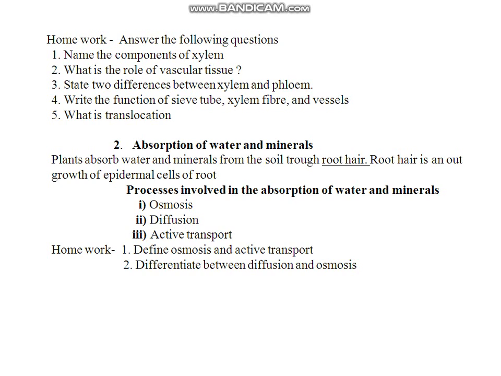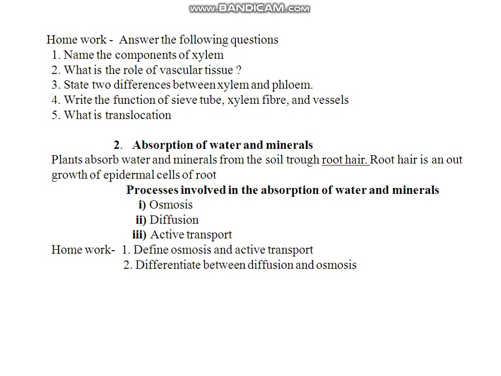That means when a root hair absorbs water and the mineral molecules present in soil particles, if their concentration is low in the soil and the concentration of mineral molecules is high inside the root hair cell, then the mineral molecules will enter into the root hair cell by the process of active transport.